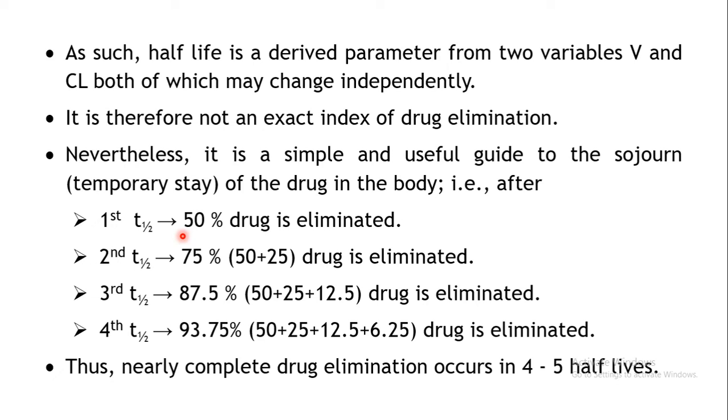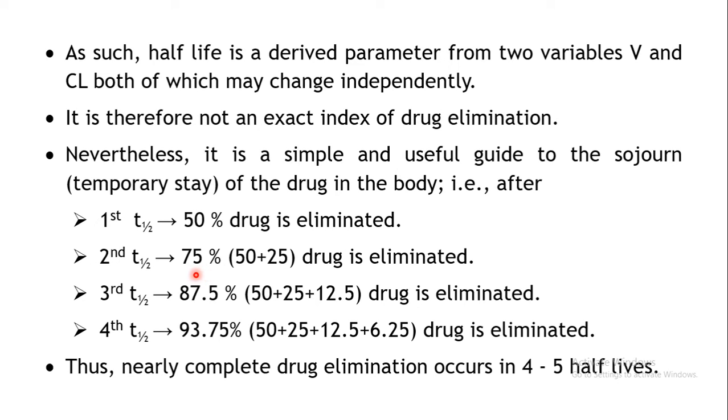Okay, so what will be the total elimination after 2 half-lives? Already after first half-life, 50% of the drug has been removed, and after the second half-life, 50% of the remaining 50% has been removed, that is 25%. So total after second T half-life, 75% of your drug has been eliminated out of the body.